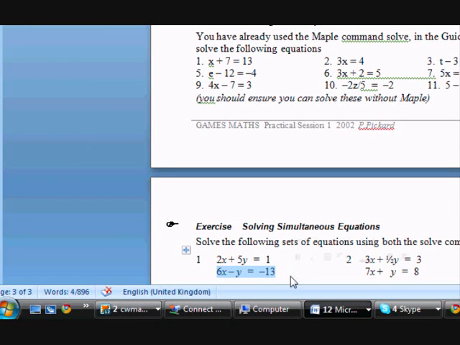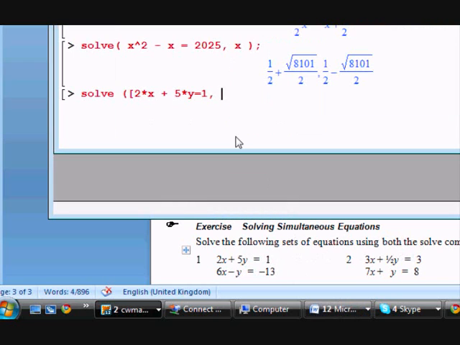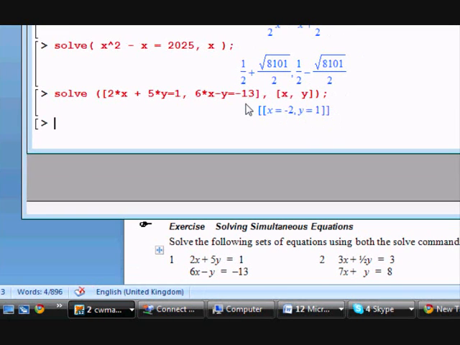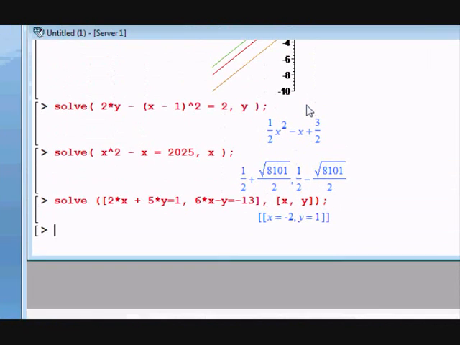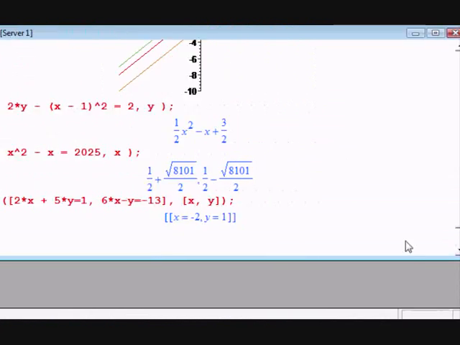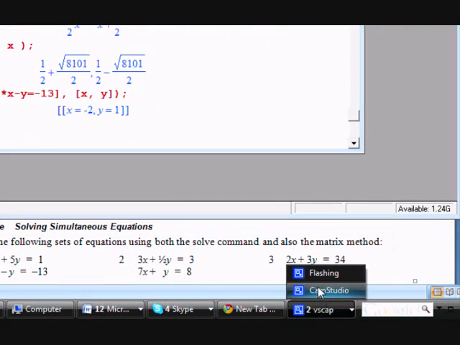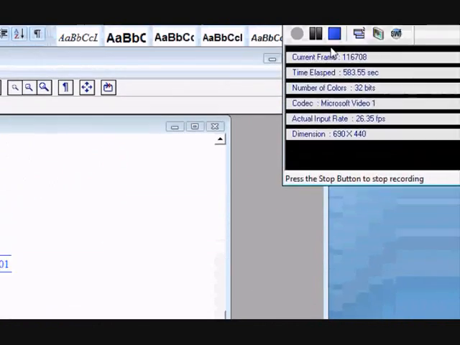So the first one's gone in, and now 6 times x minus y equals minus 13. Close the square brackets, and I want 2 answers, in x and y, and the answers I want go in square brackets too. The syntax is very important here, so if you make a mistake it will tell you. But I've got an answer, x equals minus 2 and y equals 1. So that's basically it.